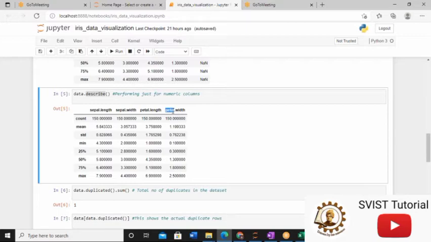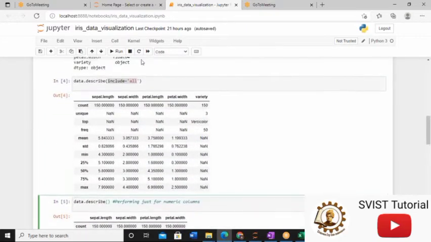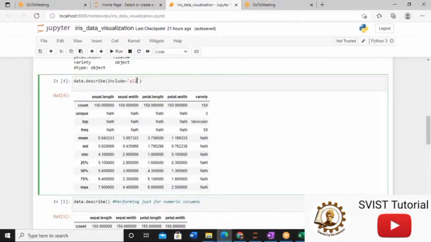We have some hidden discussions over this describe function that are not included anywhere. Now pay attention to this. You may ask me one question: whenever I am talking about any function, the function may have some arguments.